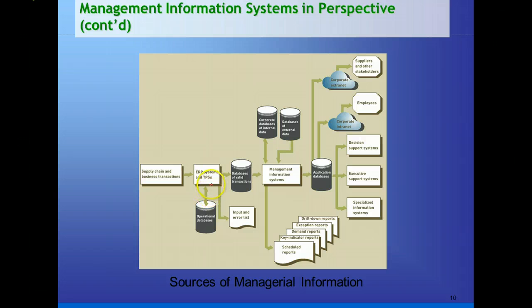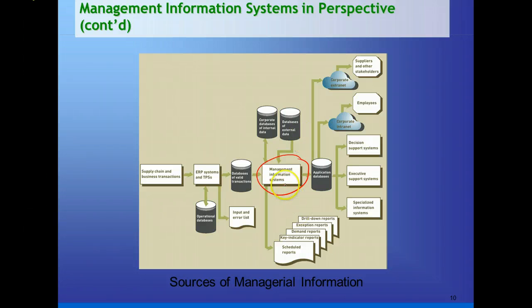These are stored in our databases, and also databases of valid transactions. Now, these databases of valid transactions are an input to the management information system, which also takes input from external data and also corporate databases of internal data.